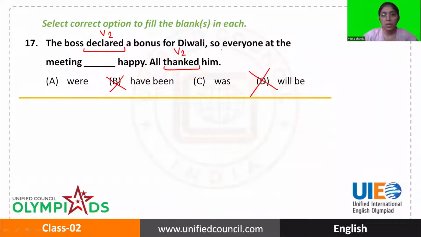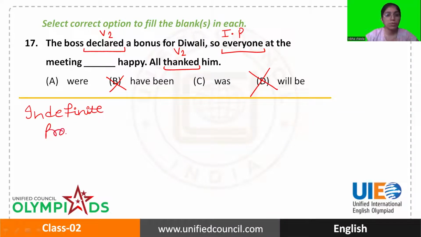See, the word given is everyone, which is an indefinite pronoun. And let me tell you the rule about indefinite pronouns. Indefinite pronouns always take the singular form of verb.